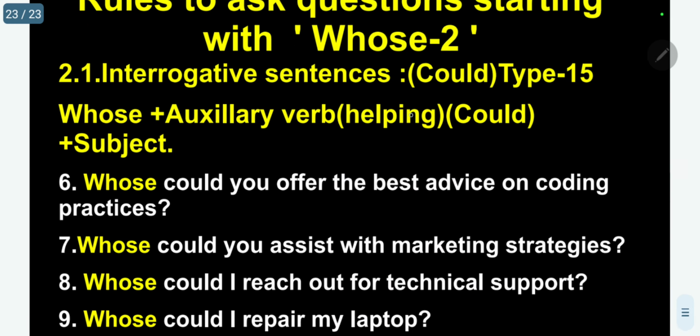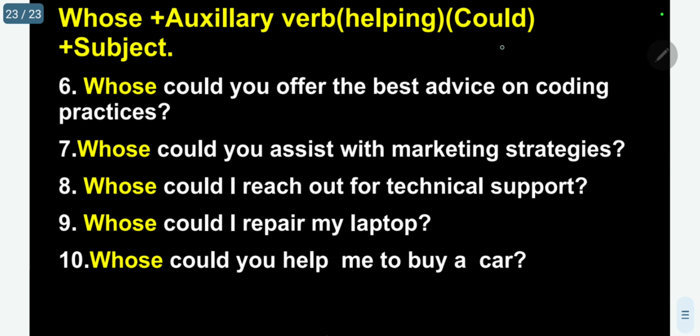So, five more sentences. Whose could you offer the best advice on coding? Could, auxiliary, offer, main verb. Whose could you assist with marketing strategies? Assist, main verb, could, auxiliary. Whose could I reach out to for technical support?